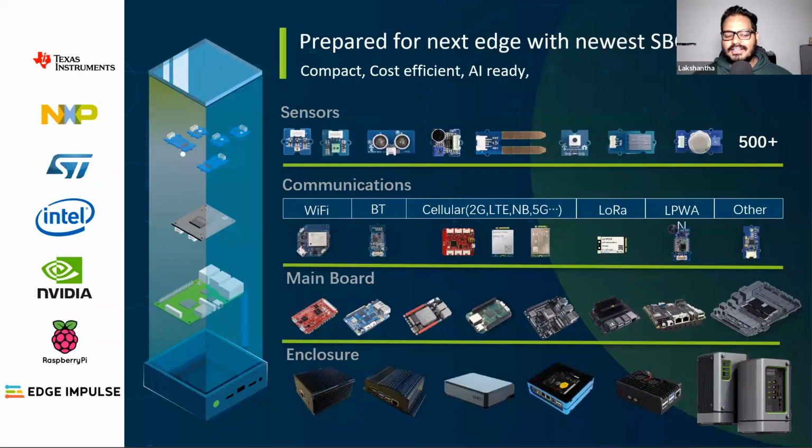These are some of the sensors and the modules that we manufacture. For the sensors, we manufacture different sensors for sensing environmental conditions such as temperature, humidity, soil moisture, water level, and gas. Also for communication, we have Wi-Fi, Bluetooth, cellular modules, LoRa modules. We also have main boards based on the x86 architecture, ARM architecture, such as the NVIDIA Jetson devices, the single board computers.